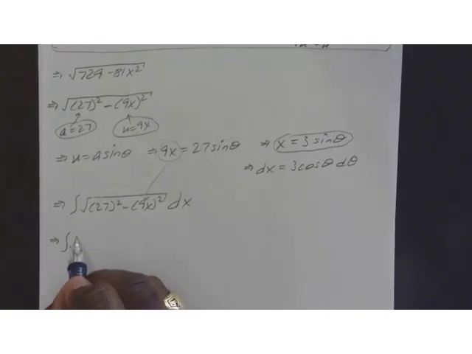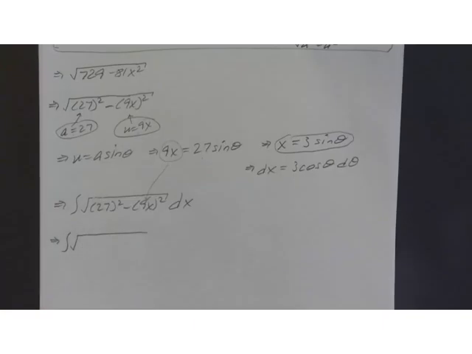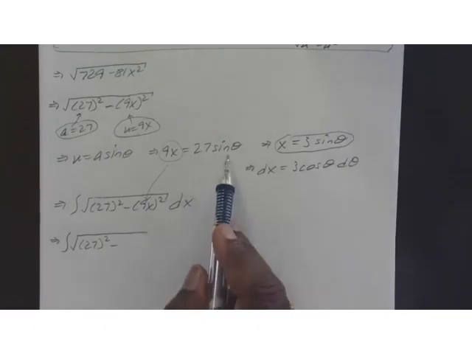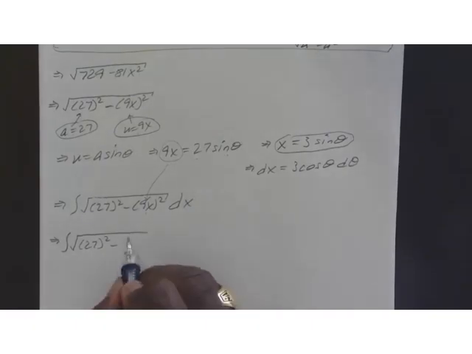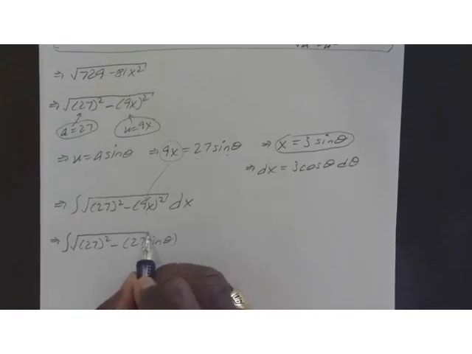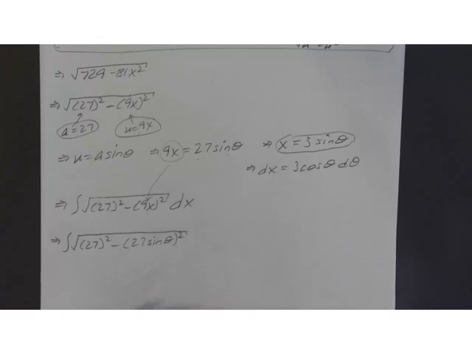So the integral of the square root of 27 squared minus 27 times sine of theta squared, dx.